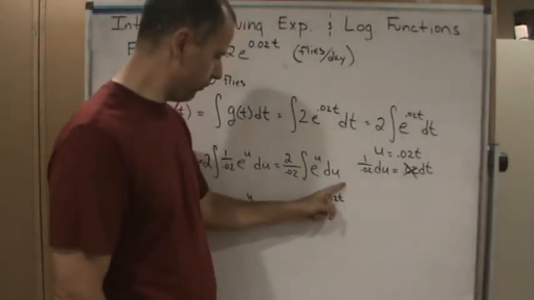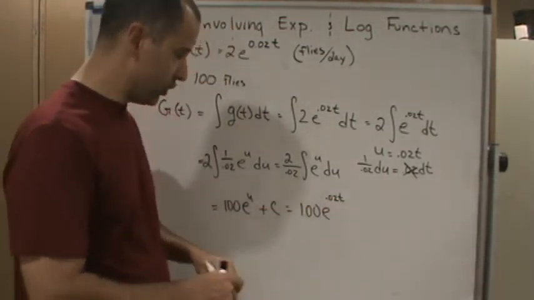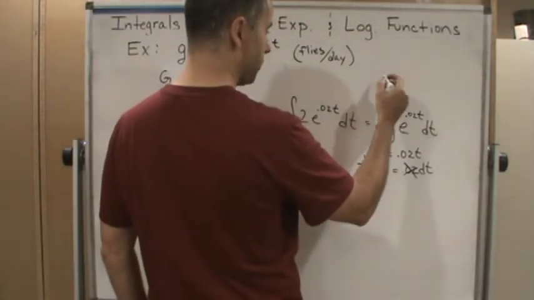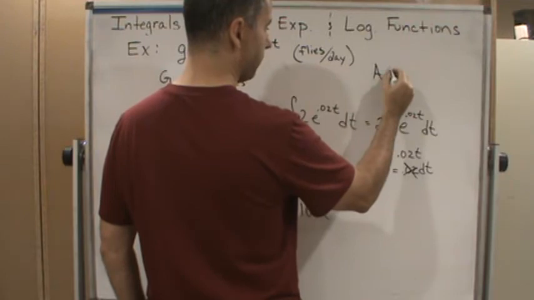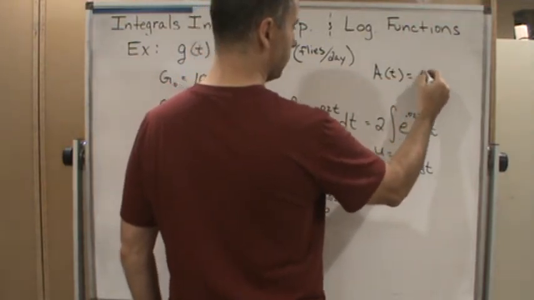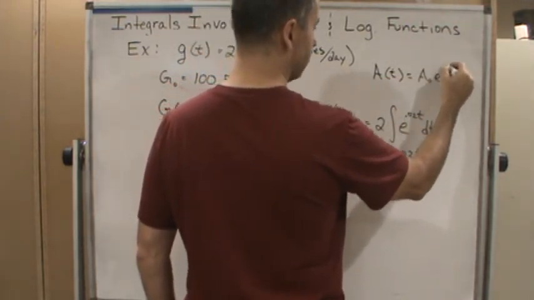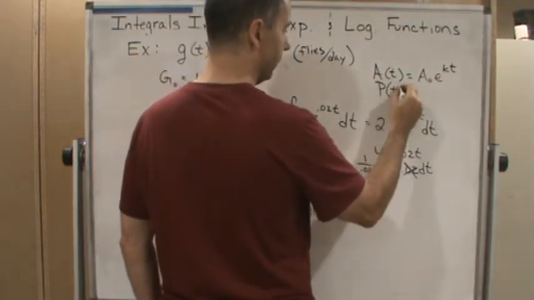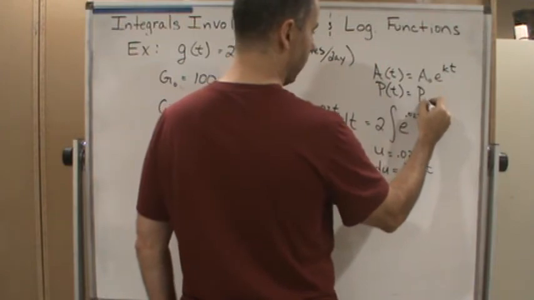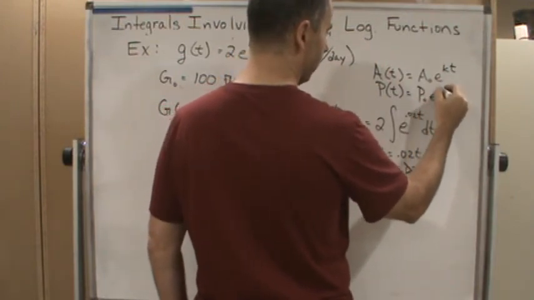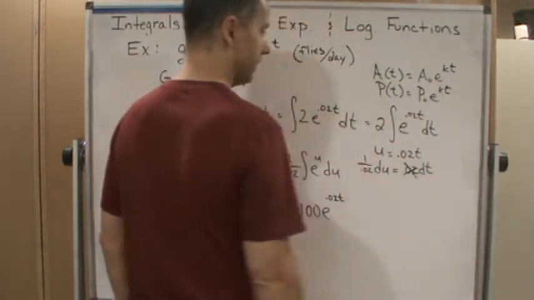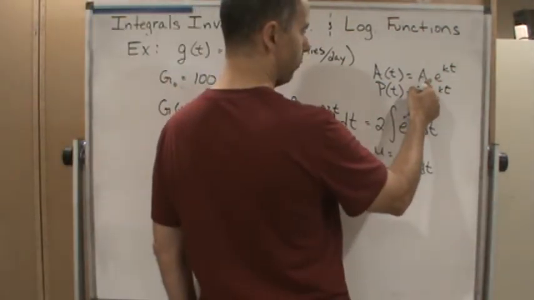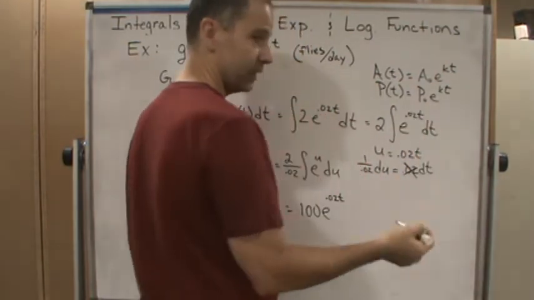If you remember from algebra, the general formula for any exponential population growth was always A of t equals A naught e to the kt, or P of t equals P naught e to the kt, where A naught was the initial amount, or P naught was the initial population.